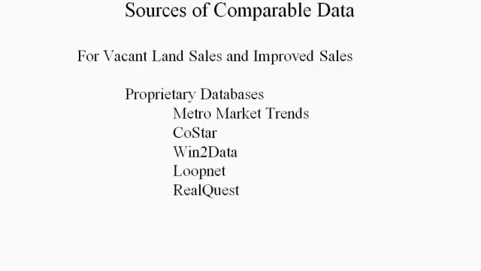And Leon County, for those of you who are not in Florida, is the county where Tallahassee is. CoStar is a much larger outfit. They probably will soon be nationwide, and they have very comprehensive data. Win2 Data is also nationwide. They're based in California. My experience with them is that they are not as comprehensive in the data elements that they supply as is CoStar.